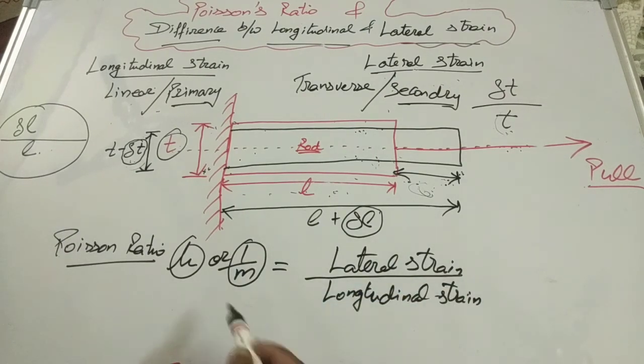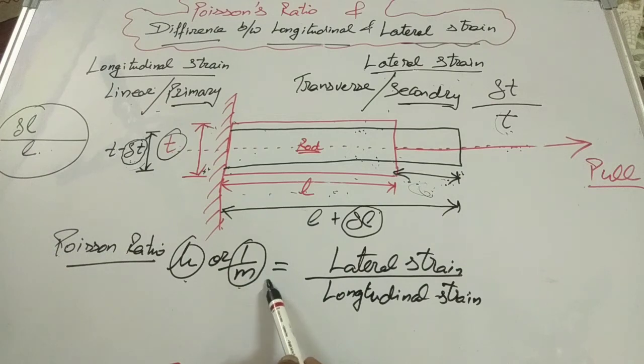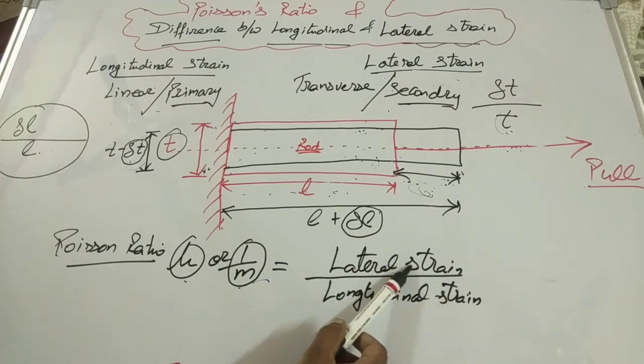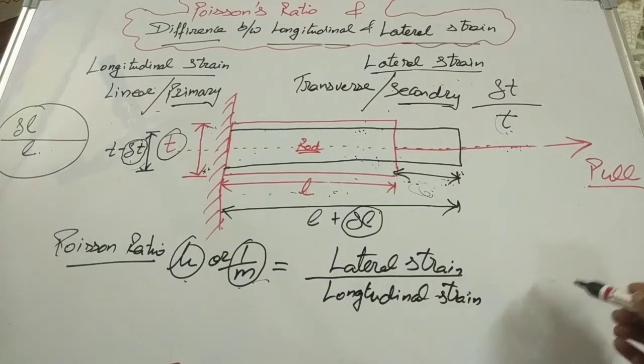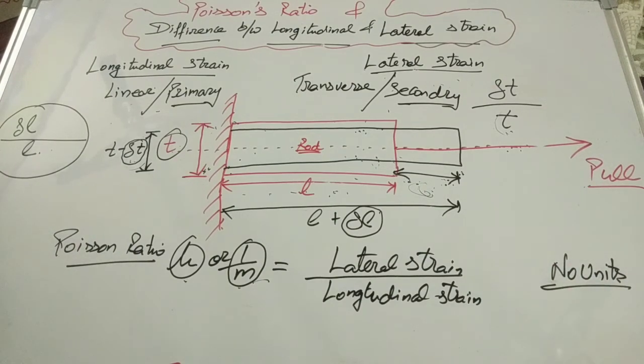So this is the concept of Poisson ratio, which completely depends on both the strains. On both sides, at numerator and denominator, there is a strain, so this ratio has no units. Clear, guys? So this is the complete concept of longitudinal strain, lateral strain, and Poisson ratio.